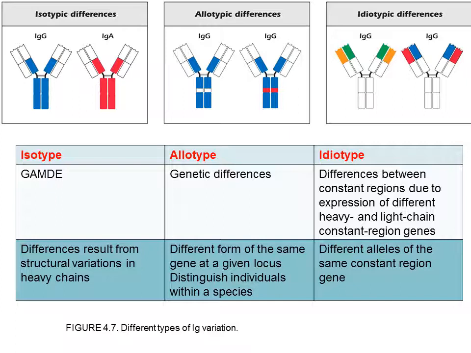Now let's take an example. These are isotypic differences. When I say isotype of antibodies, what I mean is GAMDE. They all are isotypes, but they are different, and there's a good reason, because they have a different heavy chain.